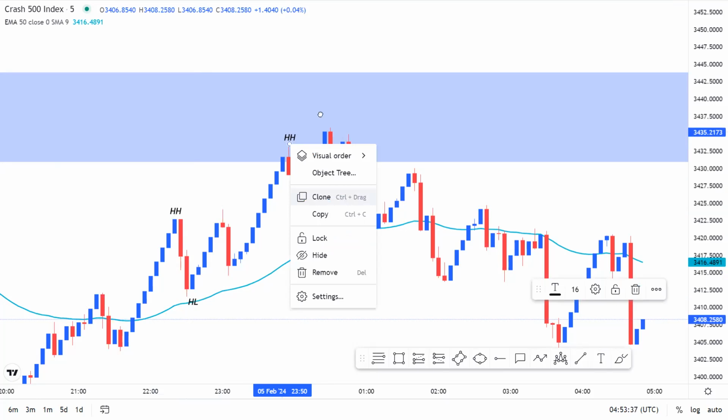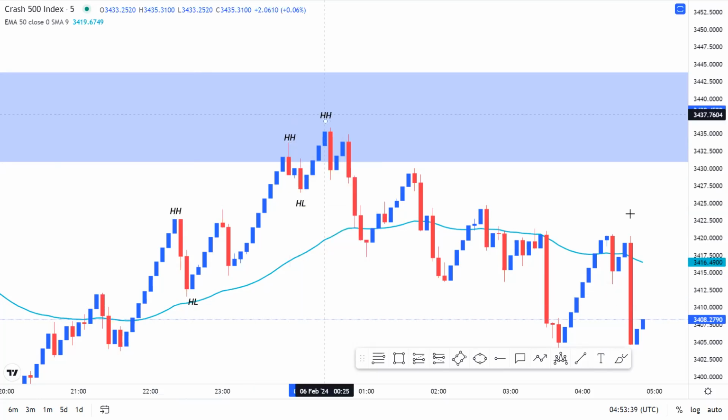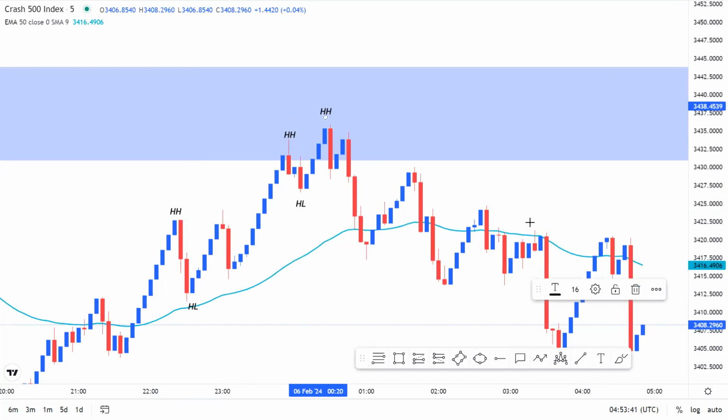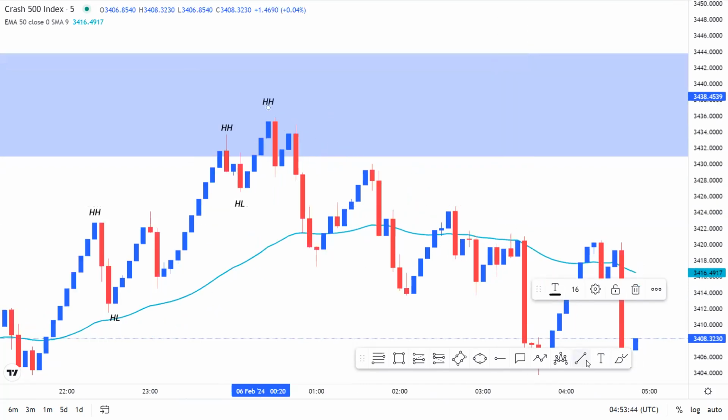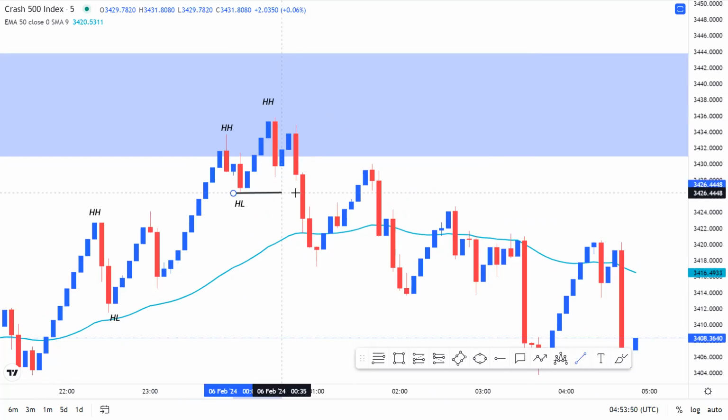And then I have myself my confirmation for sell, which ended up playing out as soon as I had the most recent higher low right here taken out by price. So this is the higher low that led to the higher highs right about here.